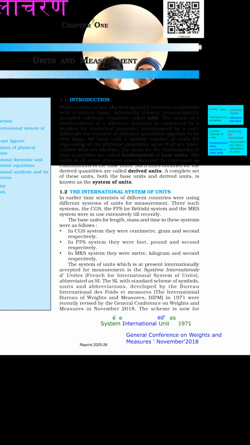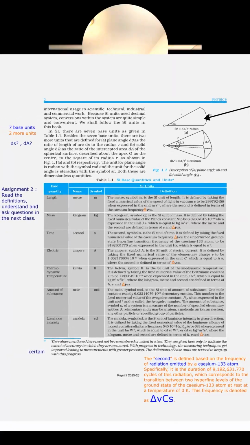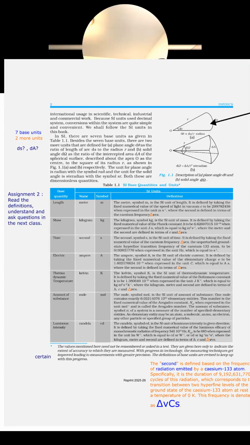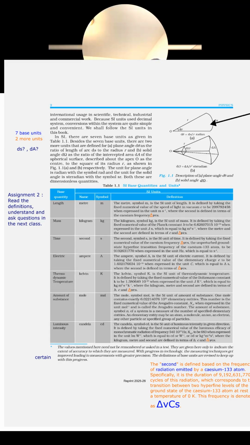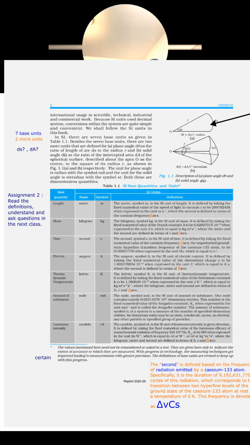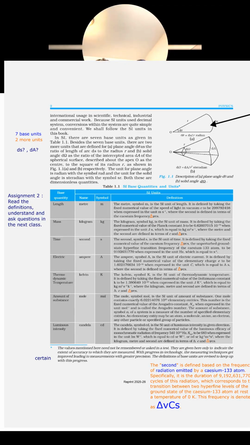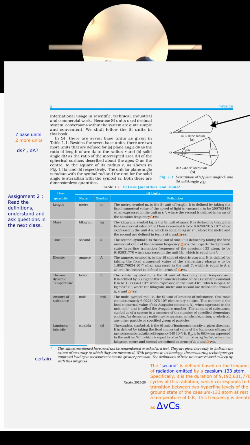The scheme is now for international usage in scientific, technical, industrial, and commercial work. Because SI units use the decimal system, conversions within the systems are quite simple and convenient. We shall follow the SI units in this book.